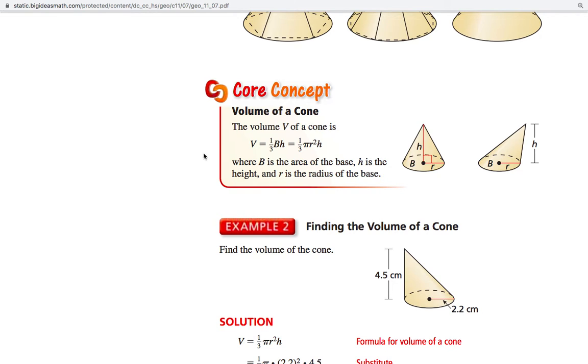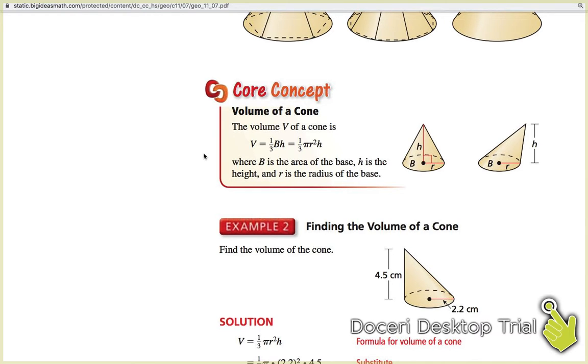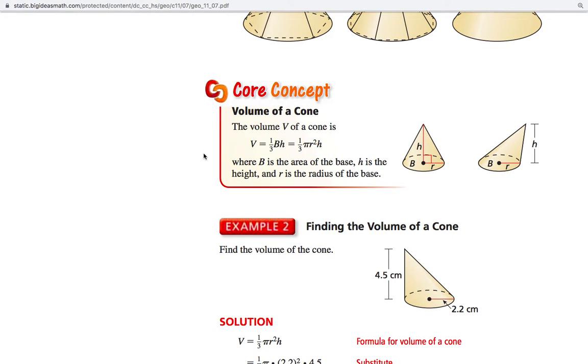So they get a little more specific about it, right? You see the 1/3 base area times height. And then they just get a little more specific because we know that that base has to be a circle. So that's where the pi r squared comes in instead of the base area. So it's the same exact thing that we dealt with the pyramids. So we should be good there.